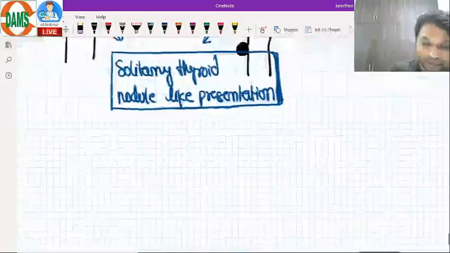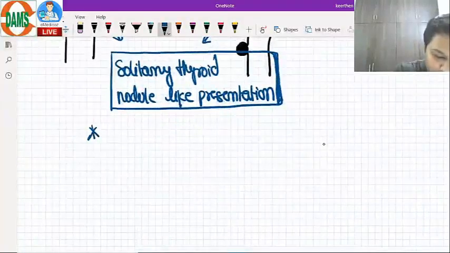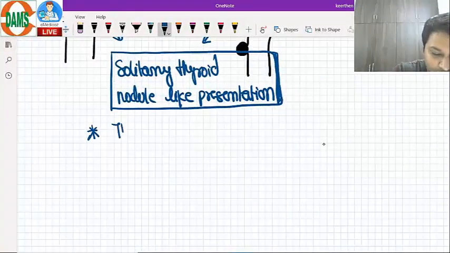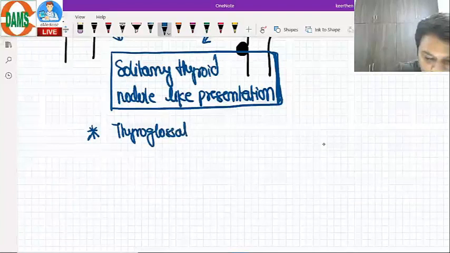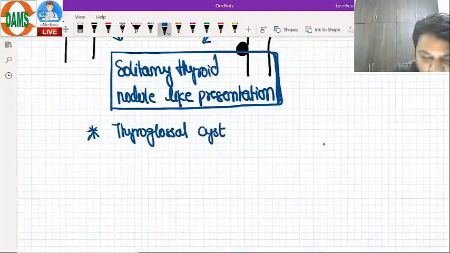Now what are the conditions which can present to you as solitary thyroid nodule like presentation? One I have already discussed with you, that is thyroglossal cyst. Thyroglossal cyst presents to you as solitary thyroid nodule like presentation.